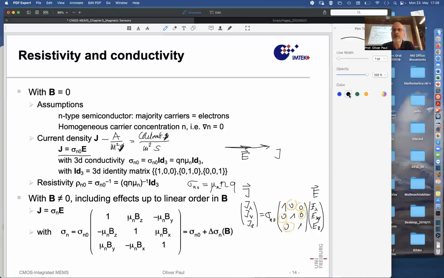So this matrix, the bold sigma n0, now becomes this sigma n without the 0, which is this number sigma n0 times a matrix that still has the ones in the diagonal, like here, and then it has some off-diagonal terms. Something which depends on the z component, on the y component, on the x component of B.